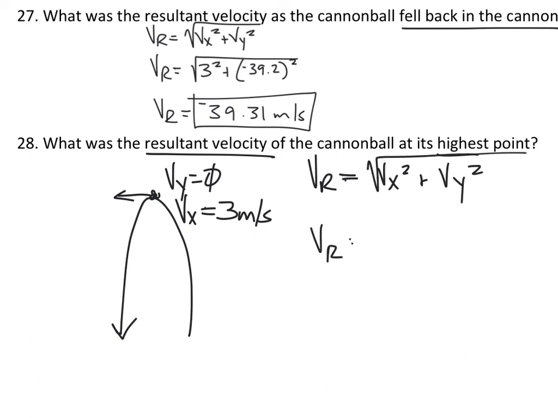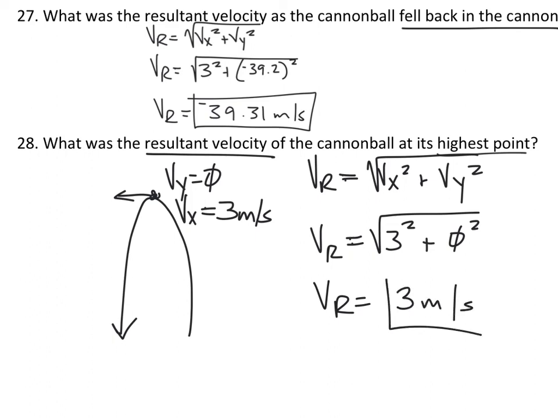My horizontal velocity is 3. My vertical velocity at the highest point is 0, all under the square root. Well, 0 squared is 0, and 3 squared is 9. If I take the square root of 9, my resultant velocity is simply 3. Okay, because that's the only real velocity that we have at that highest point. Therefore, that is the resultant velocity, 3 meters per second.